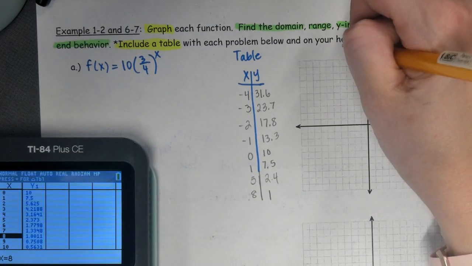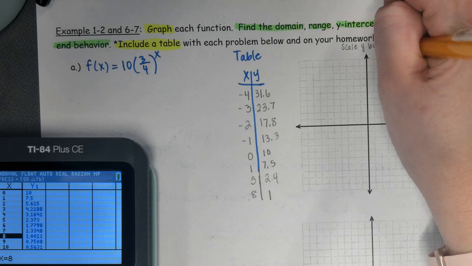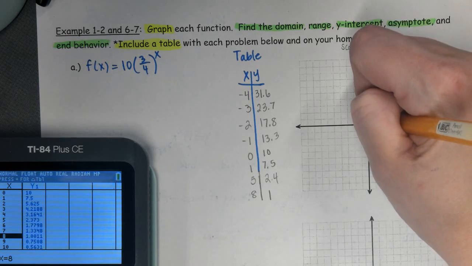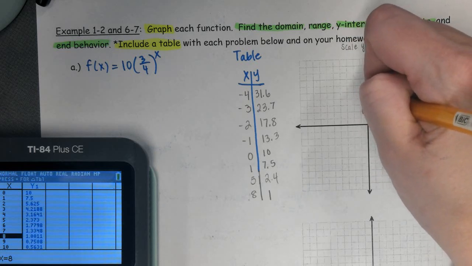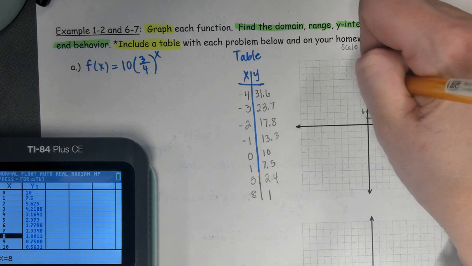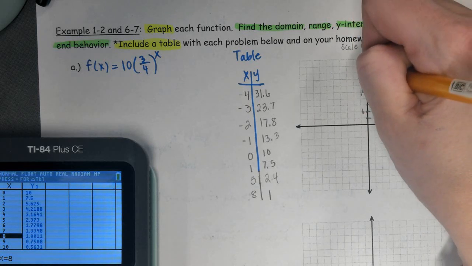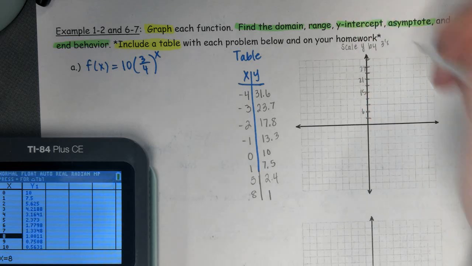Okay, so I'm going to scale my y by 3s. So 3, 6, 9, 12, 15, 18, 21, 24, 27, 30.